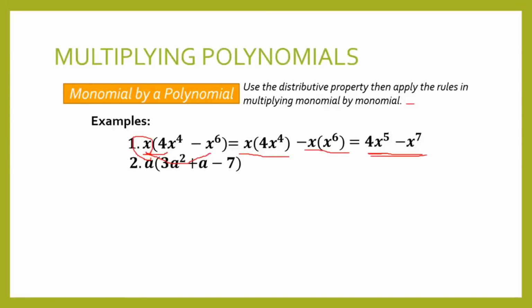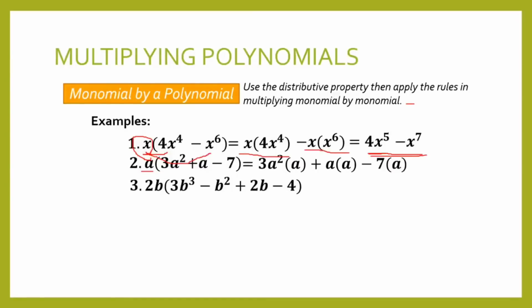For example number 2, we have a times a trinomial, which is 3a squared plus a minus 7. Again, we distribute a to the terms. We will have 3a squared times a plus a times a minus 7 times a. And when we solve that, the result is 3a cubed plus a squared minus 7a.